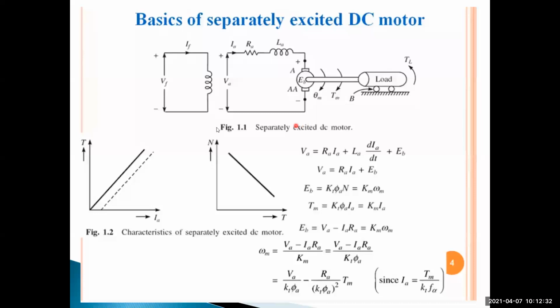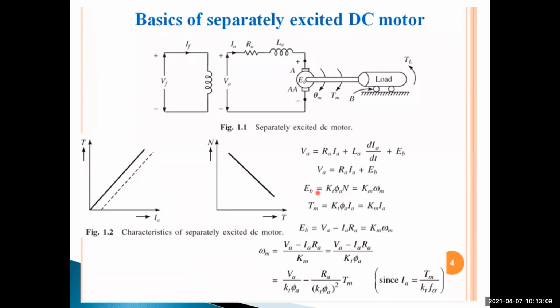This is called the separately excited DC motor. I already explained it in the last class. The supply voltage, that is the armature voltage, is equal to I into RA plus EB under steady state condition. The back EMF is equal to phi Z by 60 into P by A, and the back EMF is proportional to the flux and speed, and the remaining are constant: poles constant, number of conductors constant, and armature parallel paths also constant.